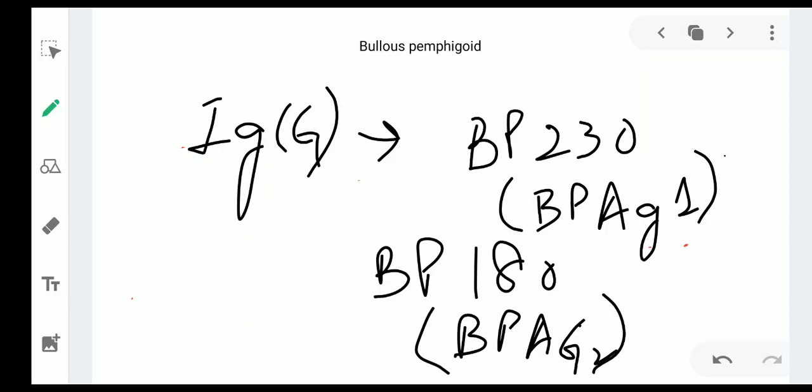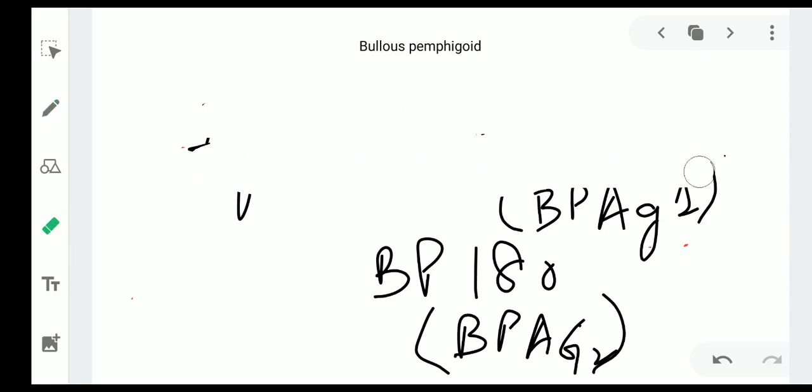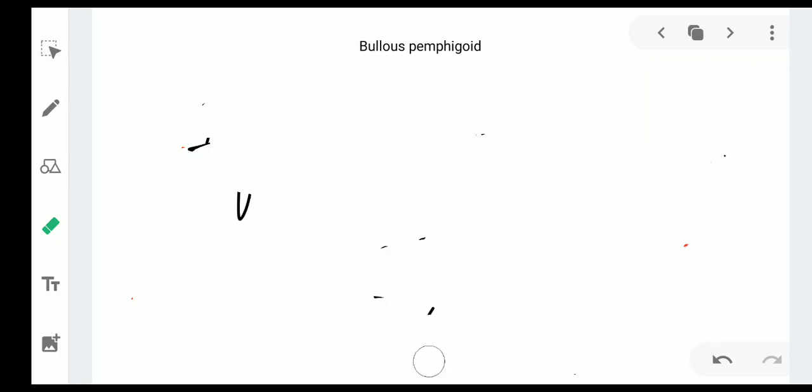Now what happens is when autoantibodies are produced against these antigens, there is activation of the complement system which attracts inflammatory cells and then degrades the hemidesmosomal protein and leads to the formation of the blister.